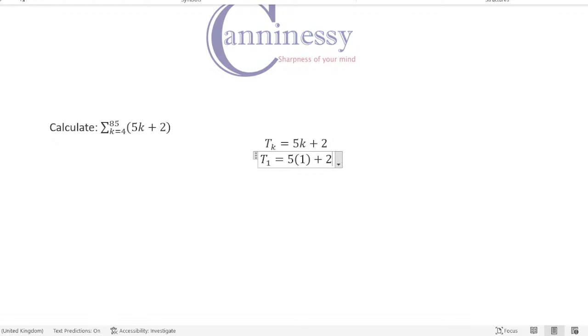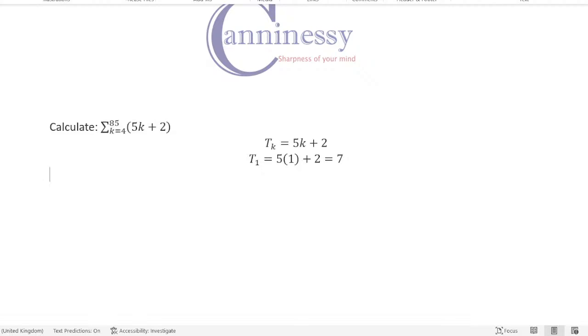So now the value of a will be 7. Then now you must get the last term. So the last term in this case is 85. That is our last term.